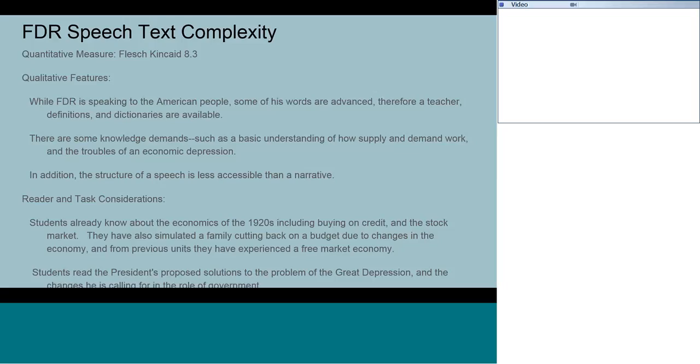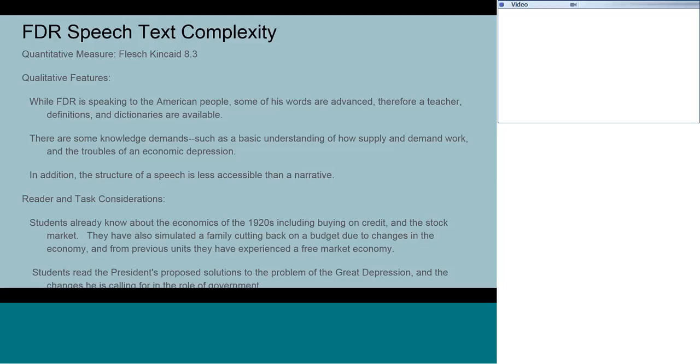I think that in order to understand what FDR is saying, they do need to have some understanding of supply and demand. For me, it's from a previous unit. The structure of this speech is less accessible than a narrative, than a story, or perhaps a small letter.